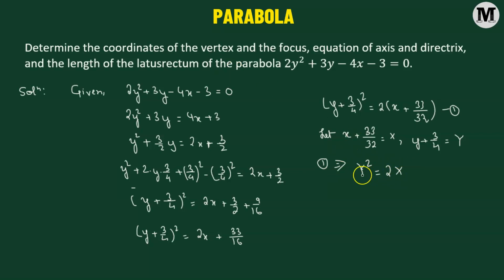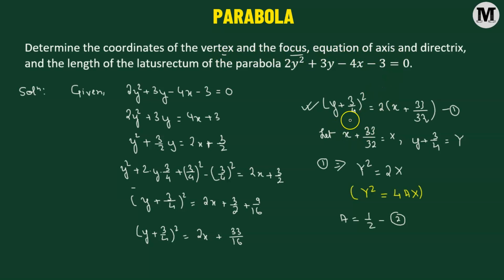Now as you can see, this is in the standard form, y squared equals 4ax, which means if we equate the value of 4a, then a comes out to be equal to 1 over 2. This is a value that we'll be using. Now the whole reason for what we've done is that this is the equation of the parabola expressed in the standard form, and with this equation we need to find the focus, the coordinates of vertex, and the equation of axis.